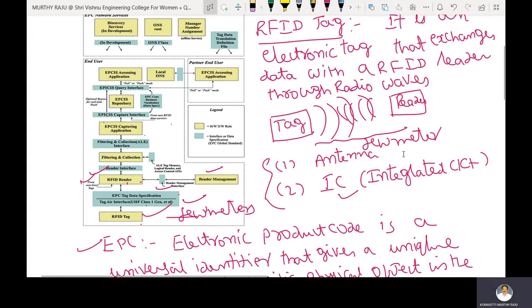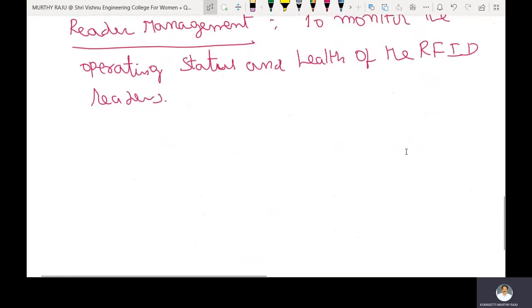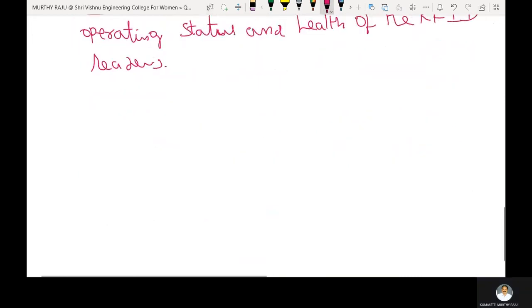RFID radar. What is the function of RFID radar? The radar identifies tags that are within the read zone of the connected antennas. Multiple tags are there. First of all, the RFID radar creates some zone. In that particular zone, it identifies the tags.